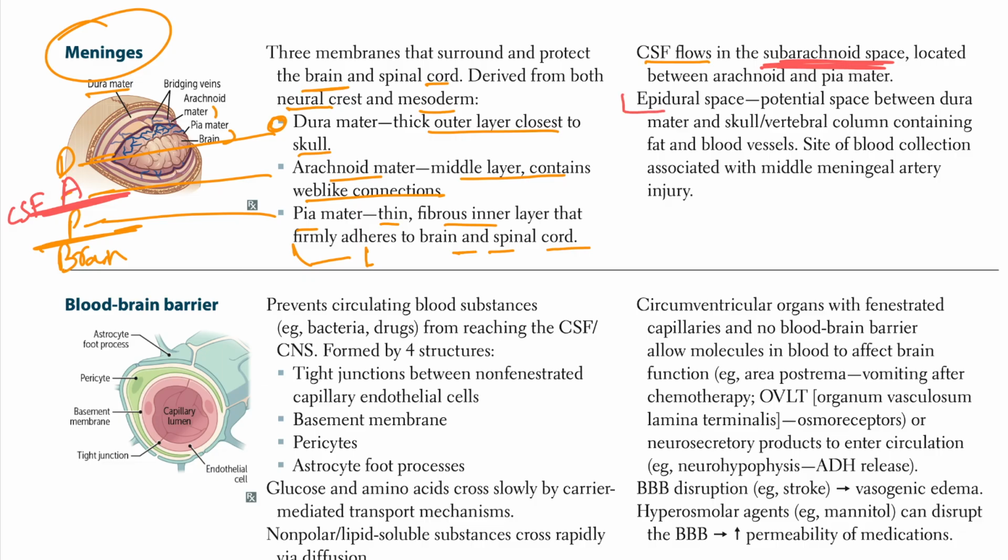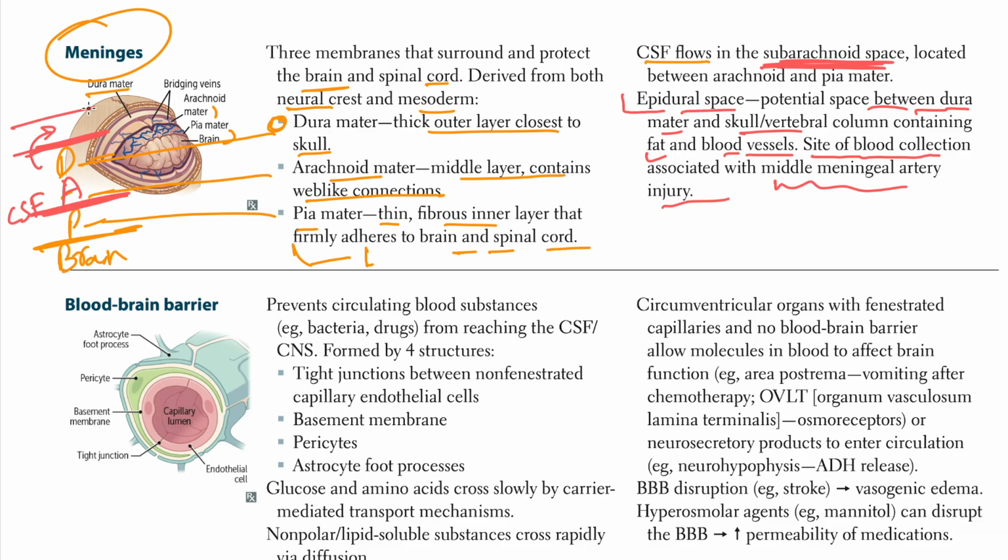Okay. Now epidural. Epi means above, dural means dura. So above the dura, you have the potential space between the dura mater and the skull or vertebral column containing fat and blood vessels, which could be the site of blood collection associated with middle meningeal artery injury. So above the dura mater, you have an epidural space.